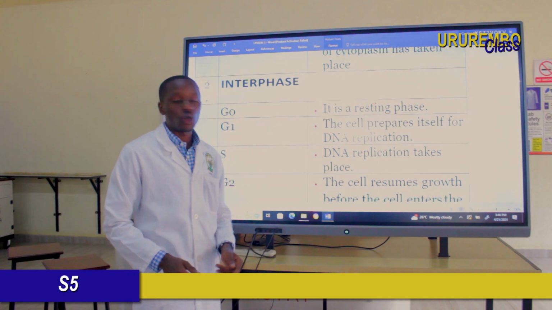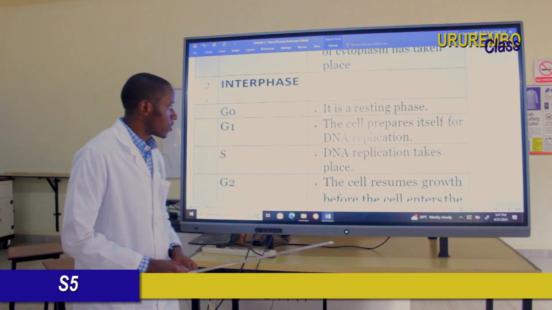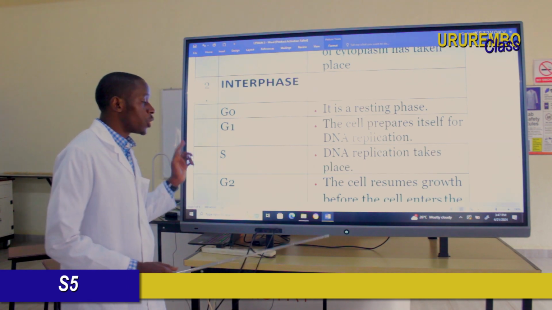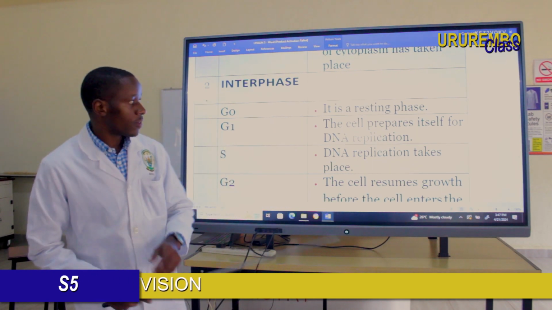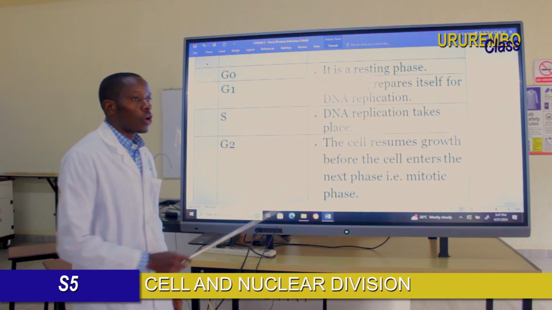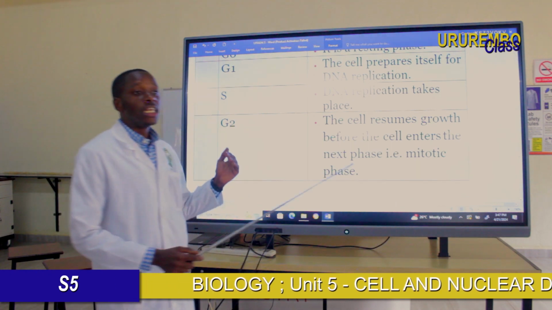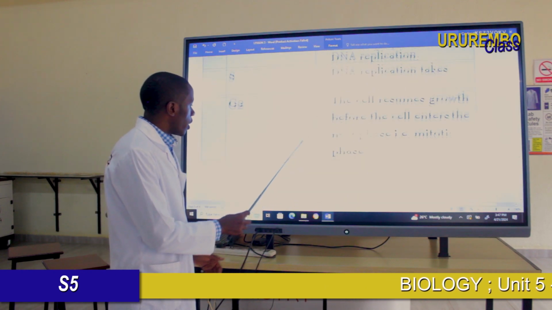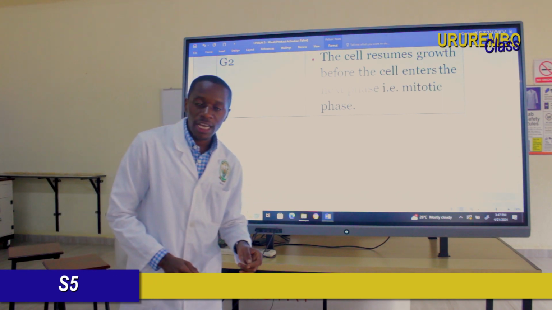G1, or first growth, is the preparation for DNA replication, while in the synthesis phase, DNA replication takes place. Then in the second growth phase, or G2, the cell resumes growth before entering the next phase, the mitotic phase. These are the summary of the events of interphase, mitotic phase, and cytokinesis.